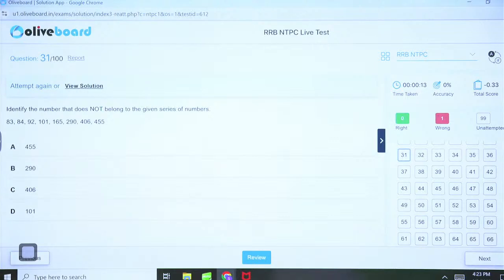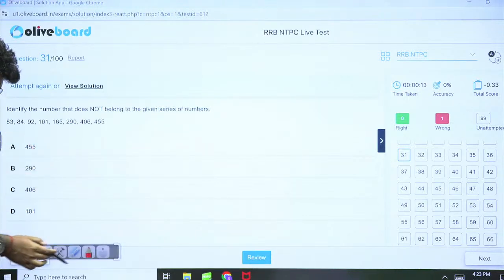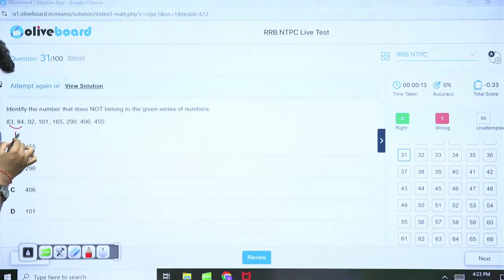Okay, let's try it here. Just take the difference, okay? So this is plus 1. This is plus 8. This is 9.